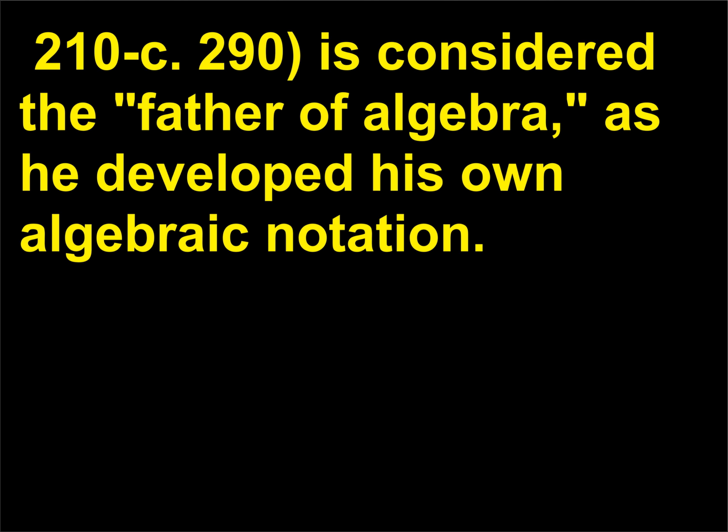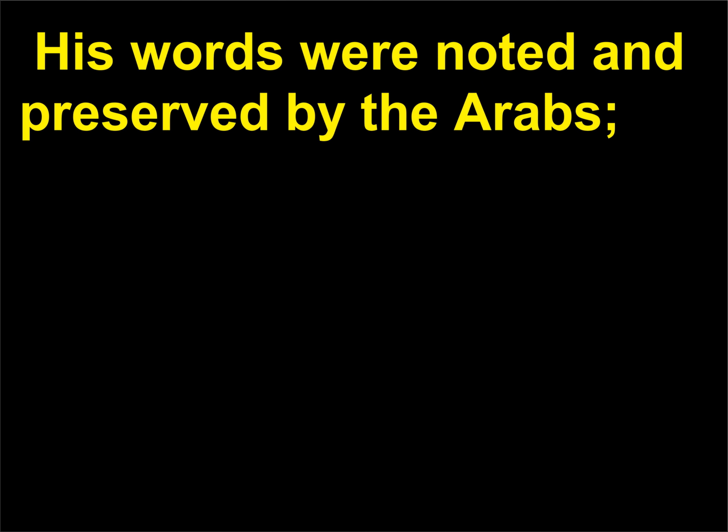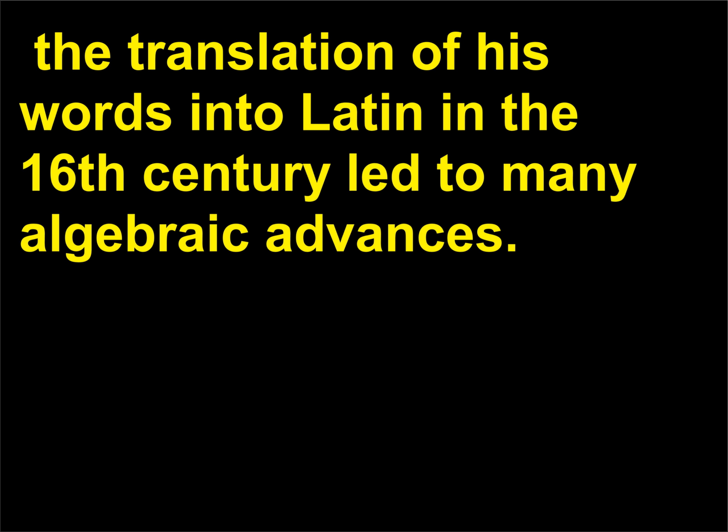To some scholars, Greek, Hellenic, mathematician Diophantus, c. 210 to c. 290, is considered the father of algebra, as he developed his own algebraic notation. His works were noted and preserved by the Arabs. The translation of his works into Latin in the 16th century led to many algebraic advances.